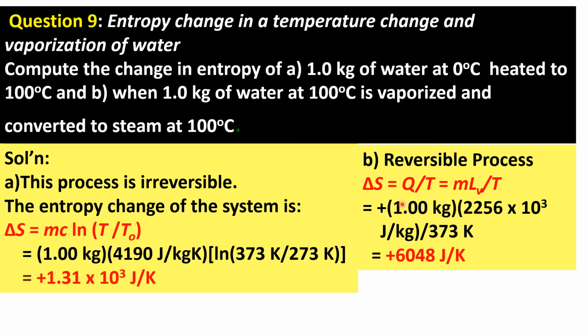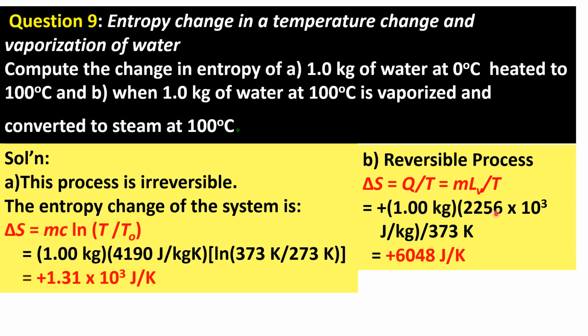By the way, the mass multiplied by this heat of vaporization will result in a positive Q. In other words, the system, which is water, has to absorb this amount of heat, and therefore the sign for our Q must be positive.